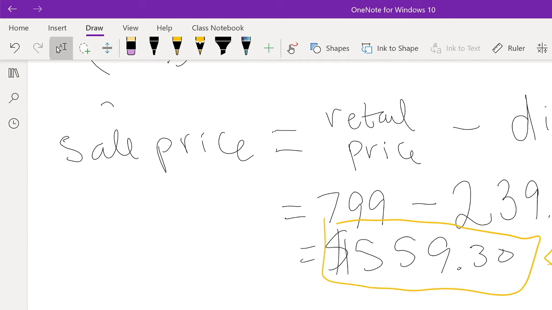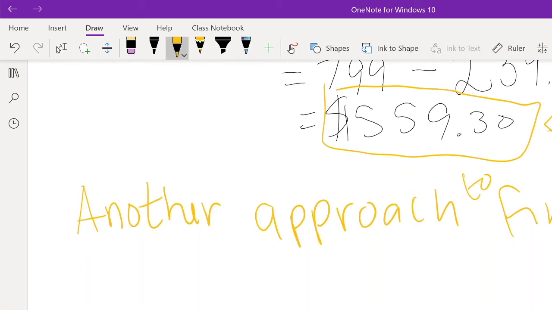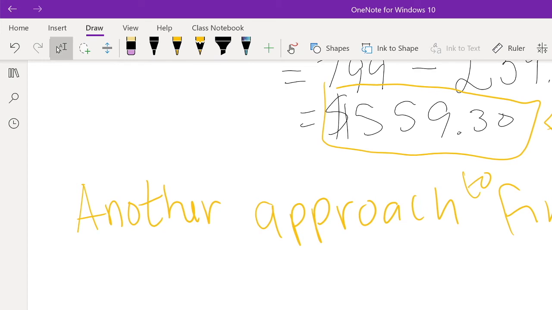But let's say in this case, I just want to know what the sale price is. So here is another approach to find the sale price. I like this approach because it really just takes one step.